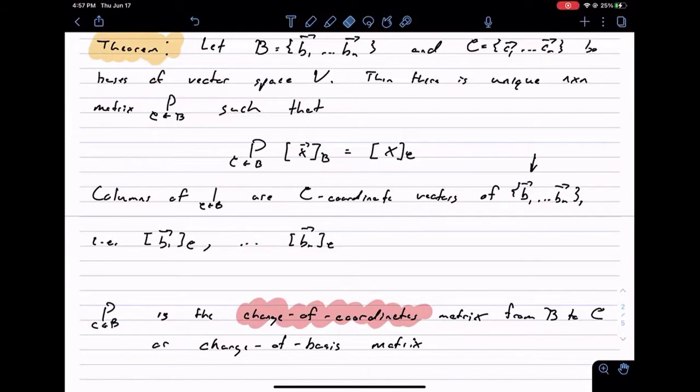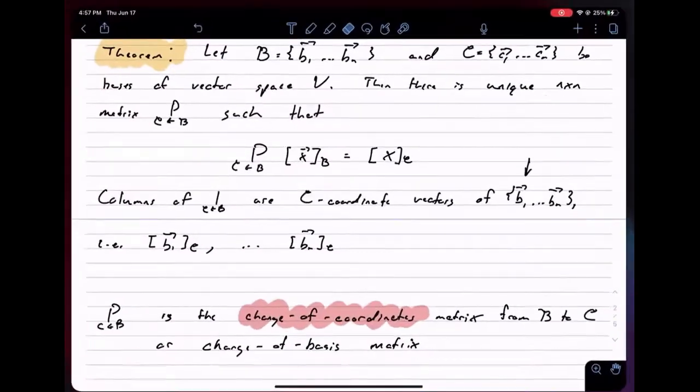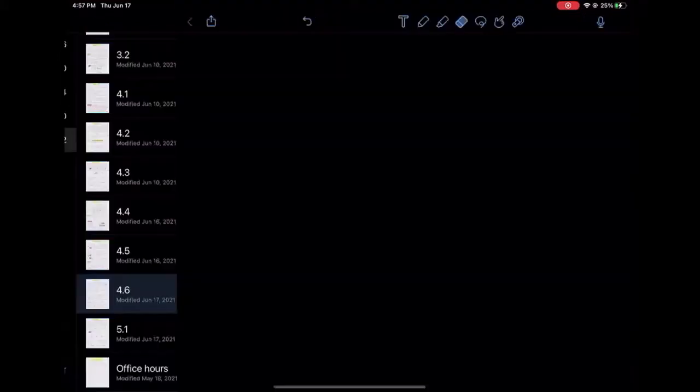Okay, so let's do number 8 from the textbook. So I'll write it out for you guys. Let's go to a new page.